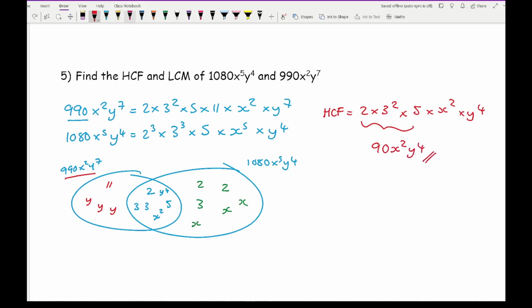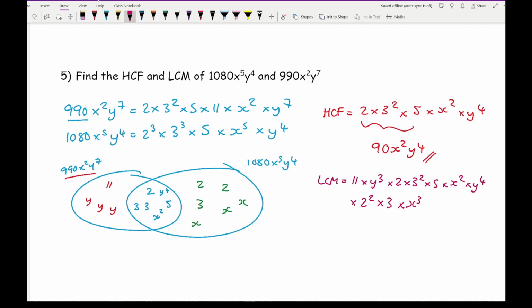Then to work out the lowest common multiple, again, all I've got to do is multiply everything together. So I've got 11 times y cubed times 2 times 3 squared times 5 times x squared times y to the power of 4 multiplied by 2 squared times 3 times x to the power of 3, which seems like a lot, but it's just something we're going to have to do.